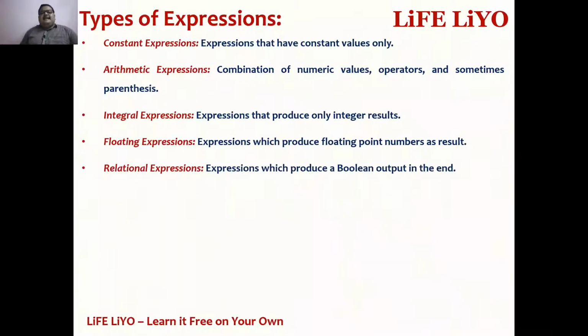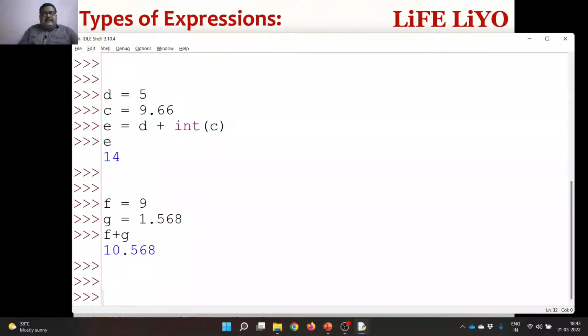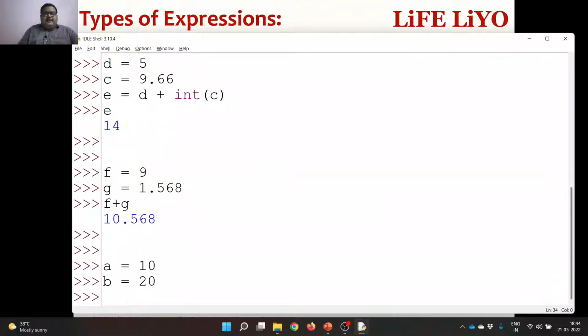Next, relational expressions. The expressions which produce a Boolean output as the result are called relational expressions. Relational means it tells the relation between two operands, using relational operators. I will take A equal to 10, B equal to 20, C equal to A greater than B. That means 10 greater than 20.